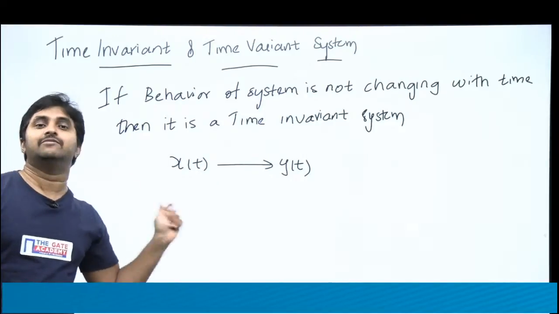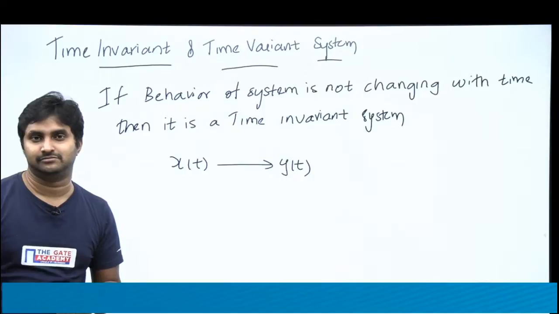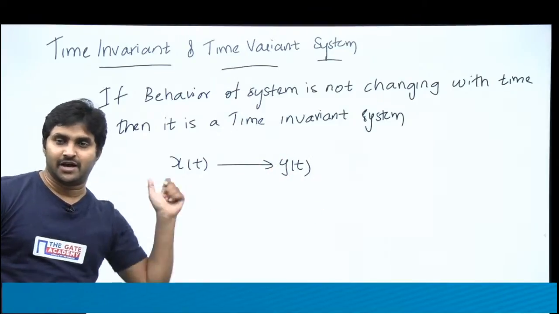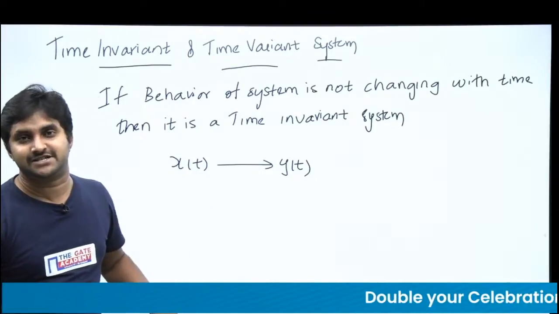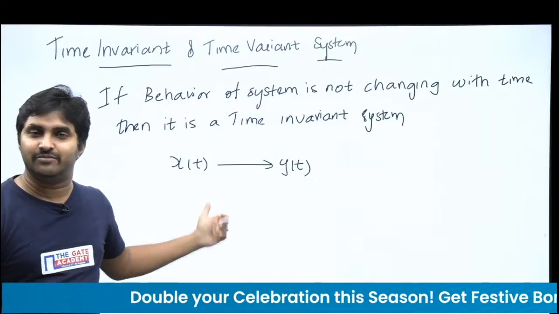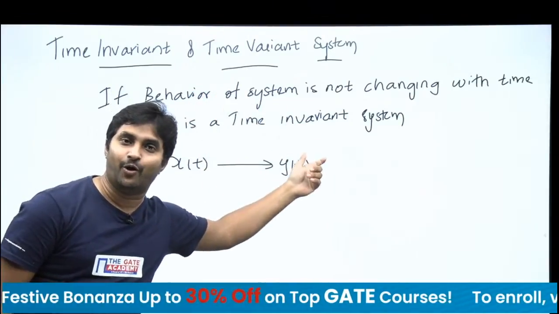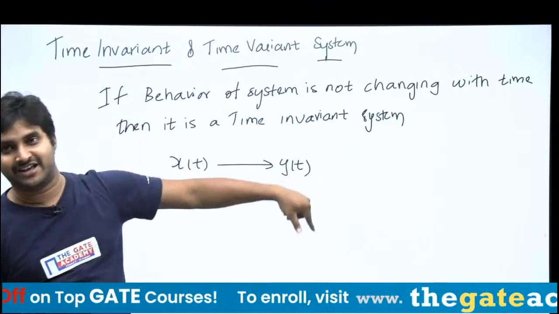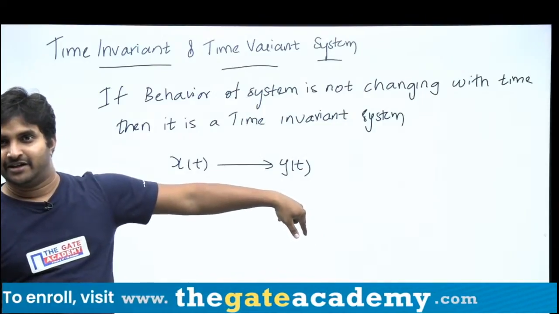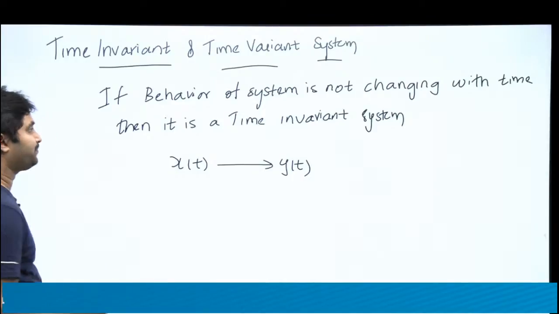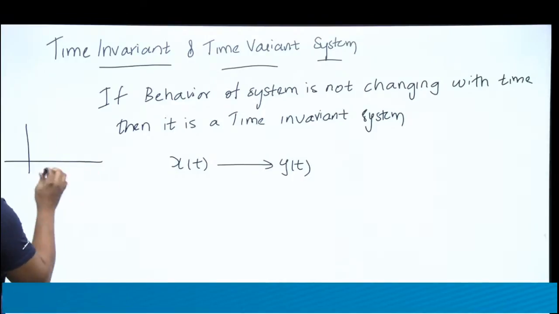If I give the same input after 10 days, then I have to get the same output, not today, but after 10 days. Meaning what?